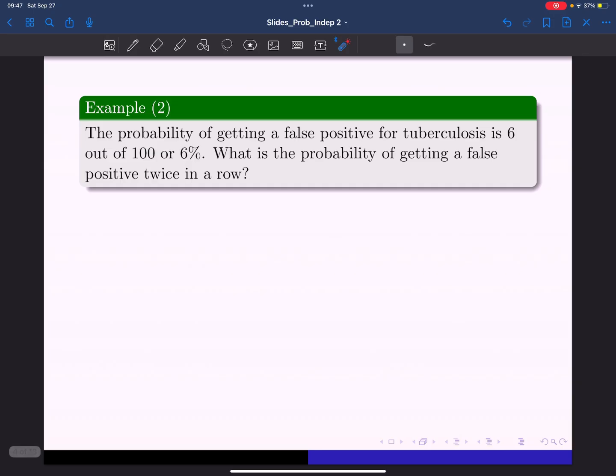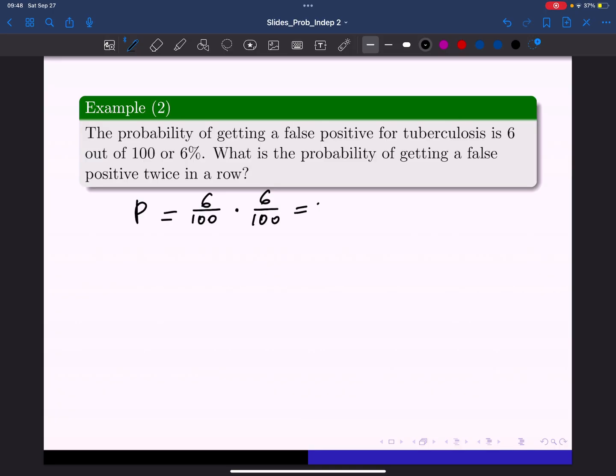Example 2. The probability of getting a false positive for tuberculosis is 6 out of 100, or 6%. What is the probability of getting a false positive twice in a row? Those two events are completely independent. So the probability would be 6 out of 100 for my first test, and on the second test 6 out of 100, because we multiply those events.